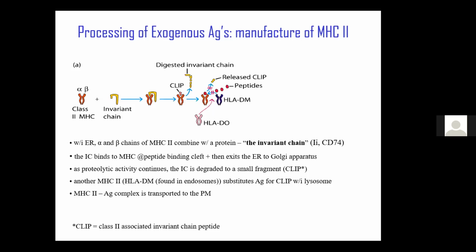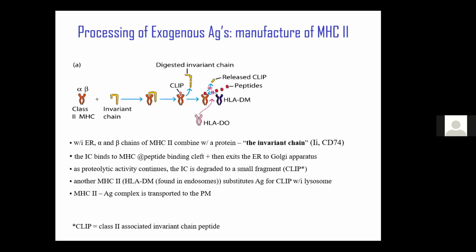But in case of the class 1 pathway, or endogenous pathway, or cytosolic pathway, as you may remember it, first we are talking about the proteolytic enzymes which break down. Then you talk about the TAP proteins, which are transporter associated with antigen processing.